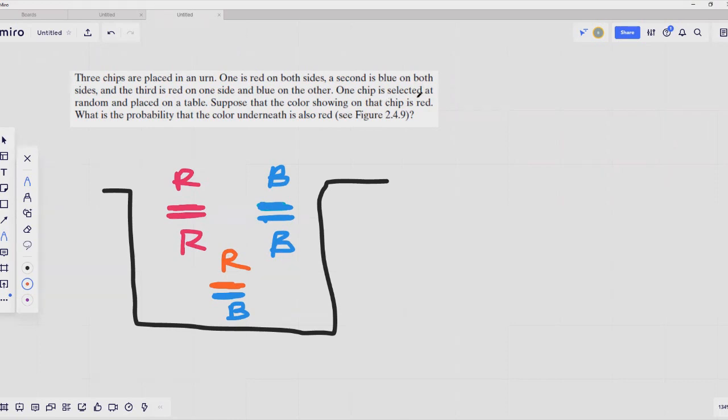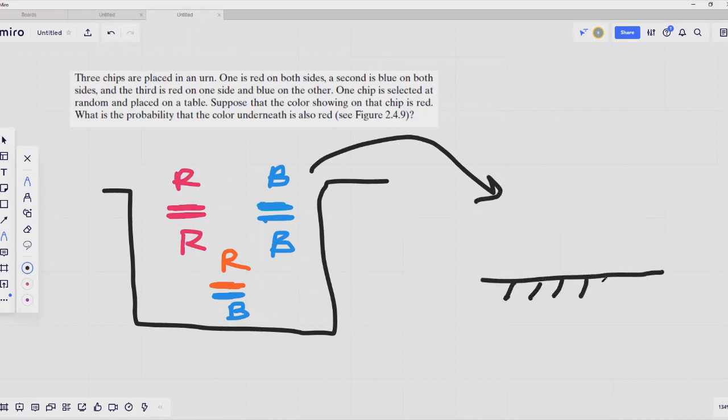One chip is selected at random and placed on a table. So we draw one chip at random and place it on a table. Suppose that the color showing on the top is red.